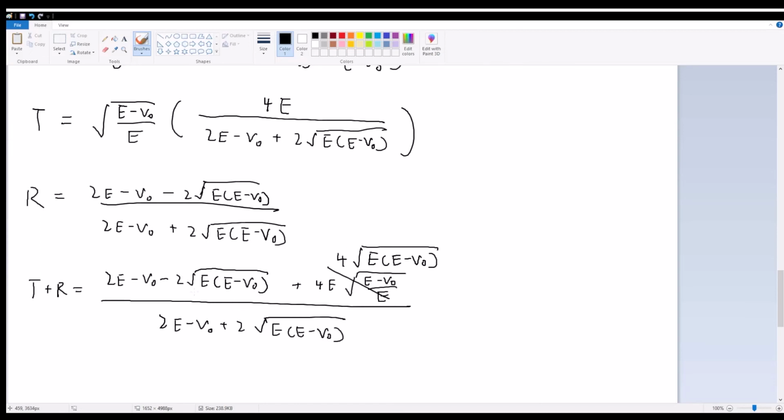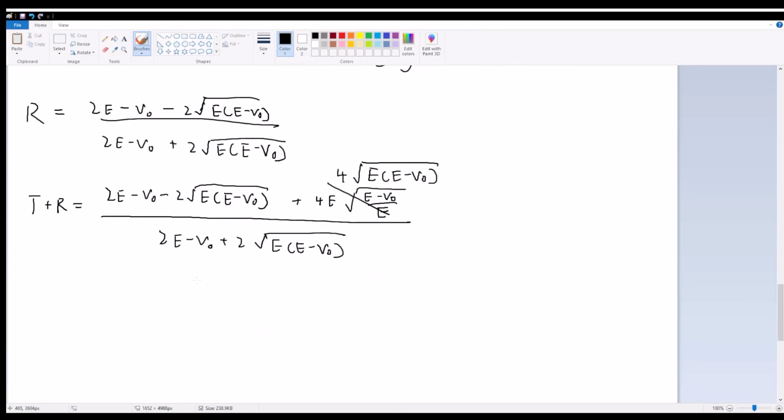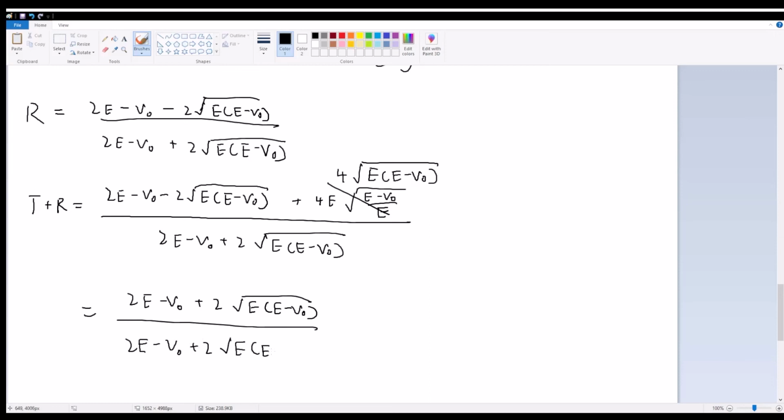And then minus 2 square root of E times E minus V naught, that's just plus 2. So this is going to equal 2E minus V naught plus 2 times square root of E times E minus V naught at the top, and then at the bottom we have 2E minus V naught plus 2 square root of E times E minus V naught.